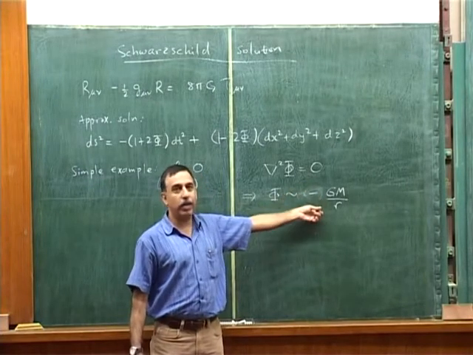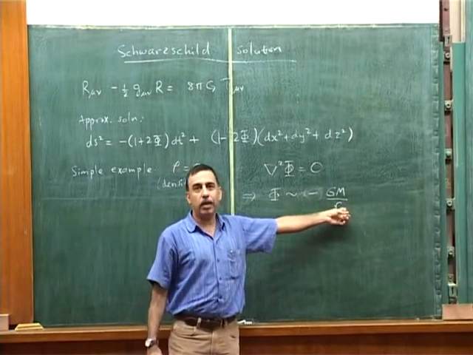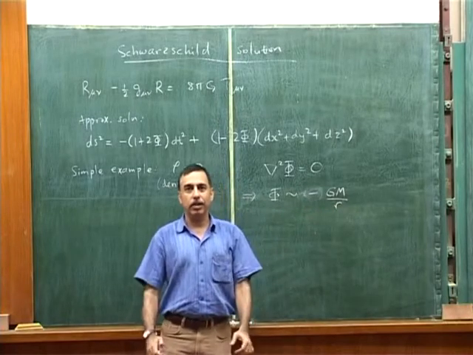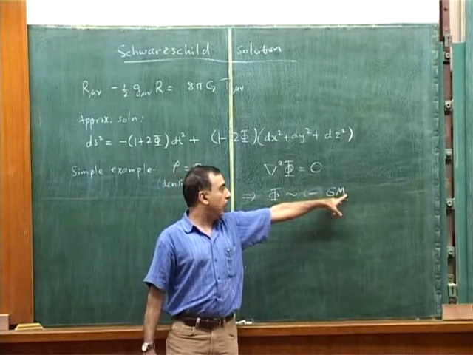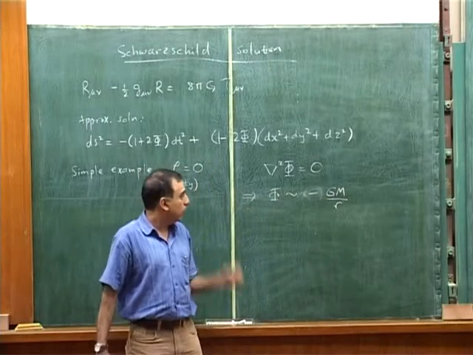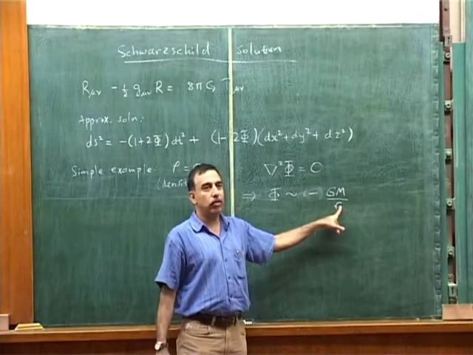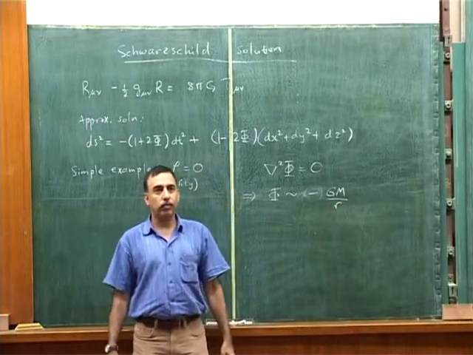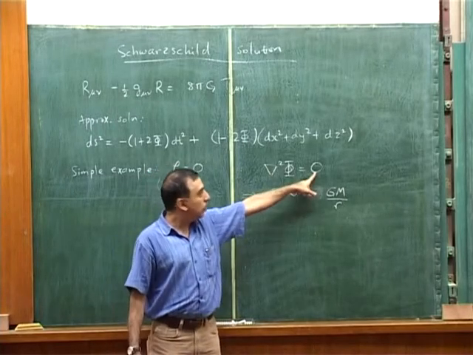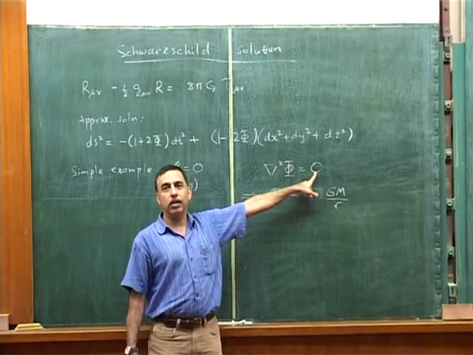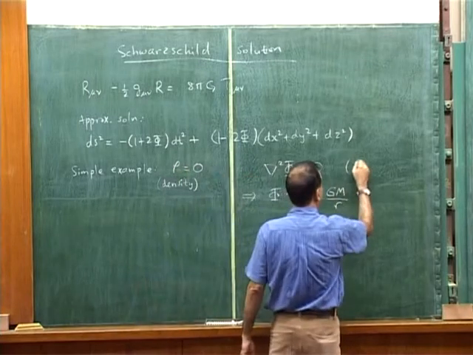So even in empty space there can be a gravitational potential, and in fact the most general thing that you expect if the object itself is spherically symmetric is that outside it you get this kind of gravitational potential, with the parameter being the mass of the body. Now how dangerous is the fact that at r equals 0 this thing blows up? It's not at all dangerous, because this equation will stop being valid long before you reach r equals 0.